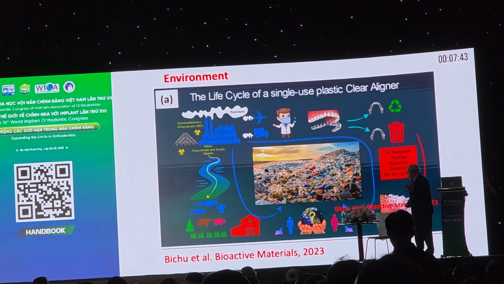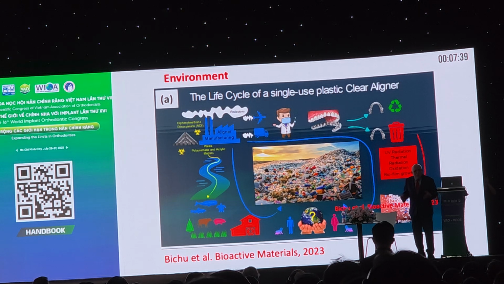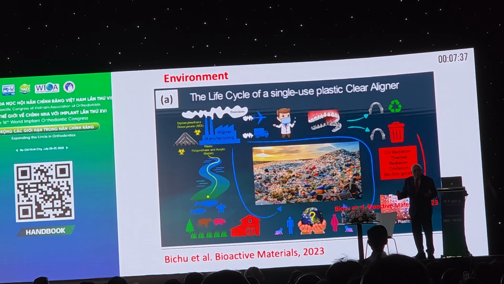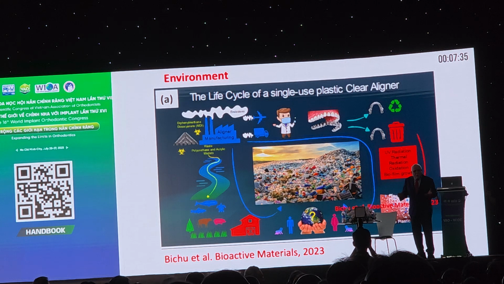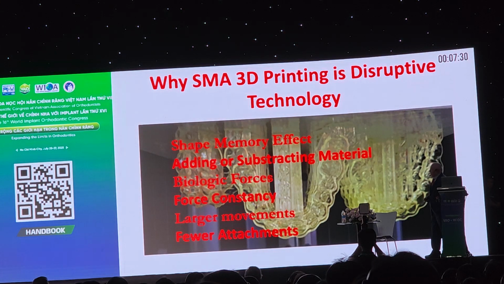So environmentally, we don't need these thermoform models. We need 3D. Most of these big companies eventually will go to 3D because that is the future for us in orthodontics.